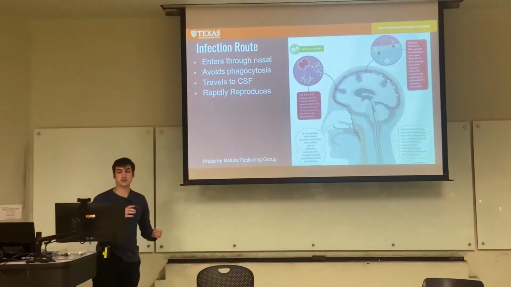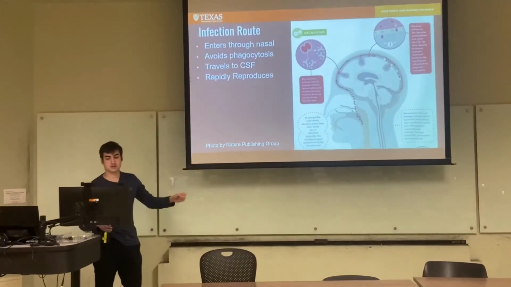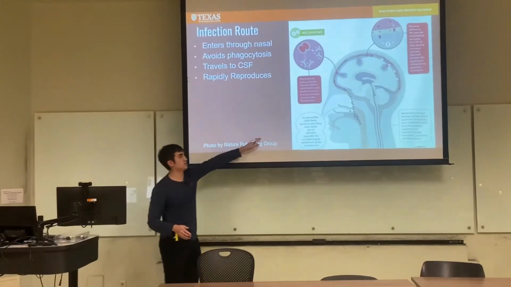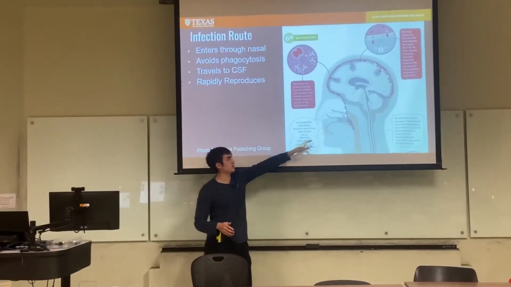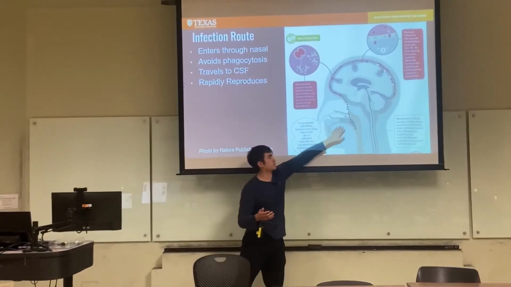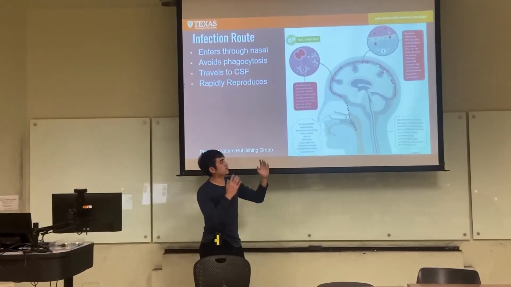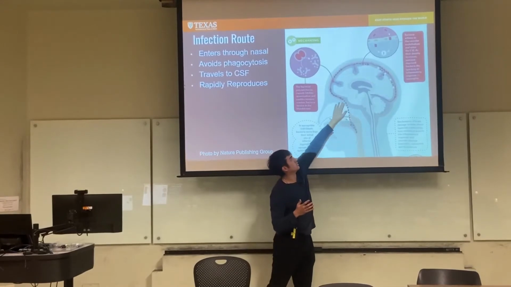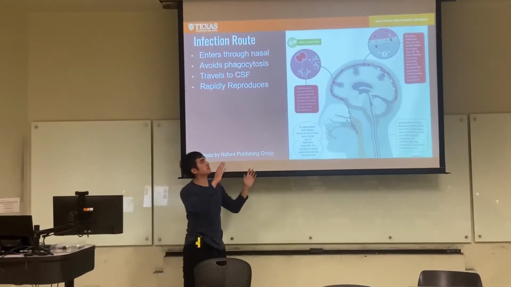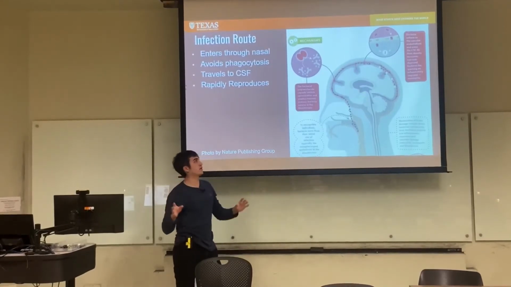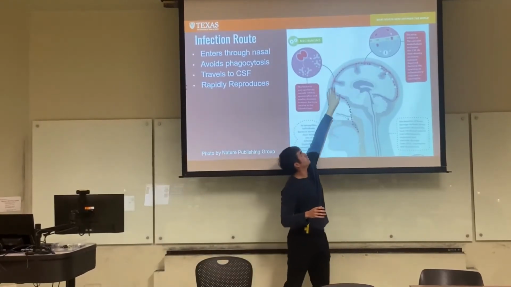But anyways, the infection route of meningitis: it enters your mouth or nasal cavity, and from there the bacteria enters the bloodstream. And then the bloodstream carries it up into the skull or brain area, where it crosses the blood-brain barrier into the cerebral fluid.